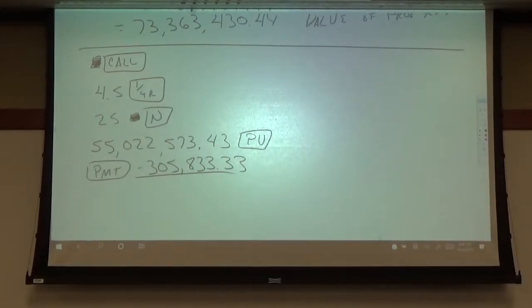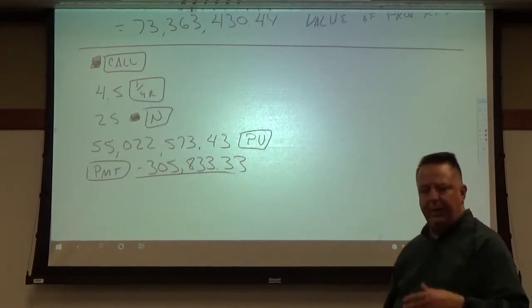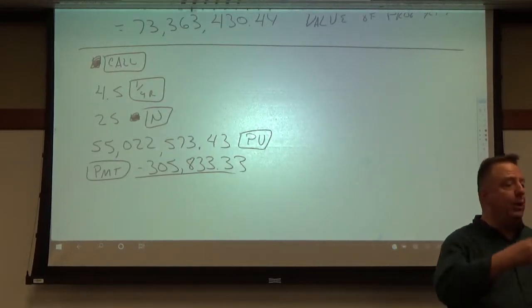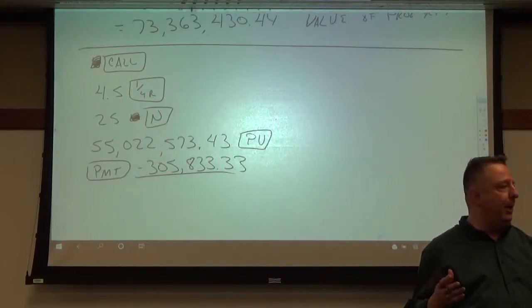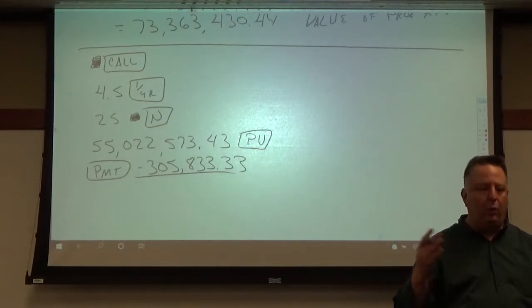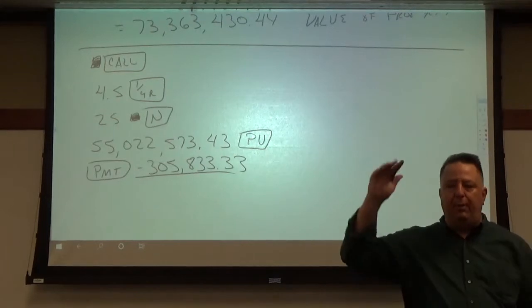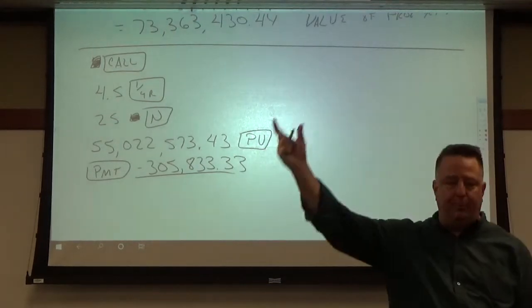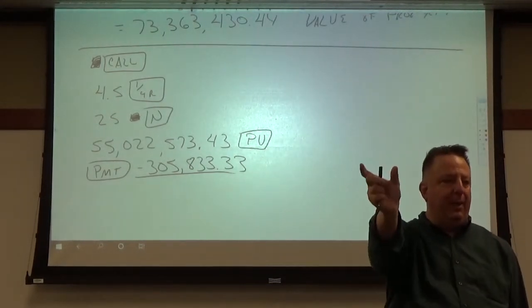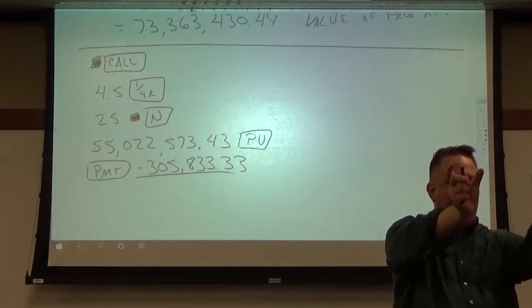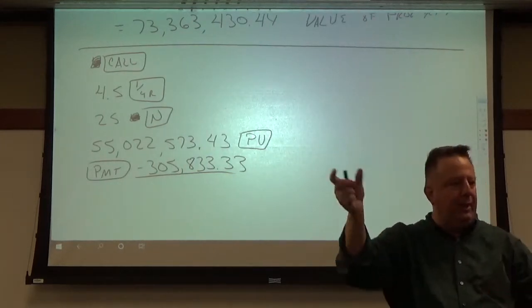Now, one of the things the calculator has, which we will talk about, is what's referred to as an amortization function. And what that means, if you've taken an intro to accounting or intro to finance, or you've had a car loan or home loan, any kind of loan, you probably have seen the thing where you've got your beginning balance, your payment amount, the amount that goes to principal, the amount that goes to interest, your ending balance, month by month.